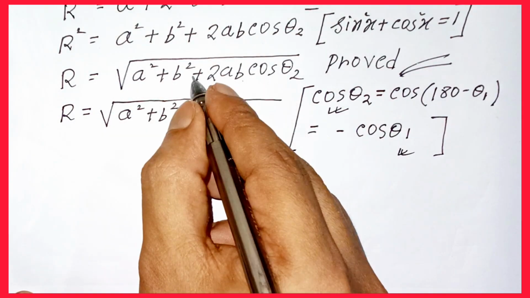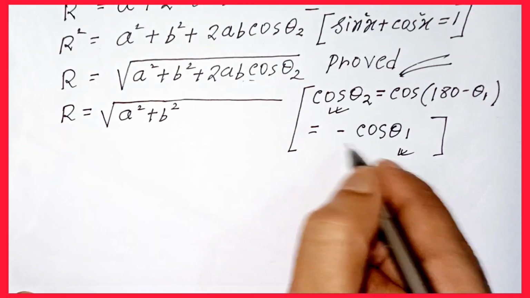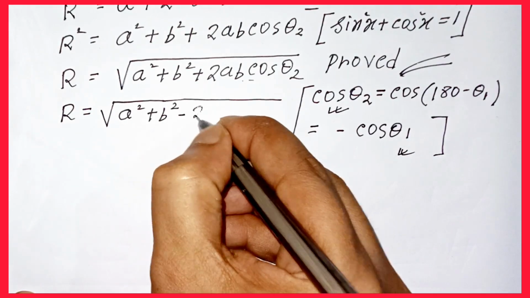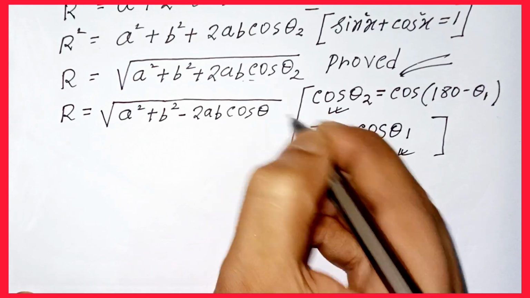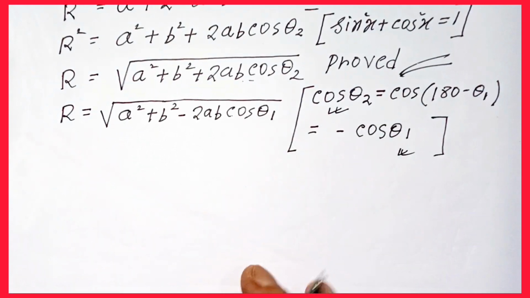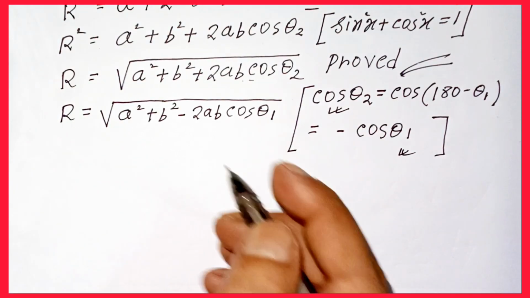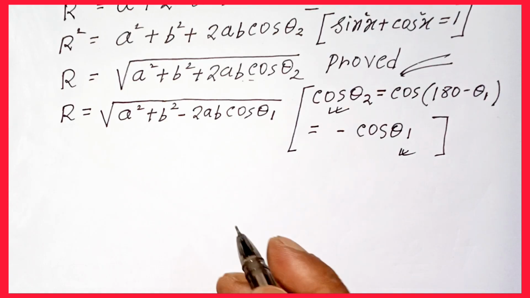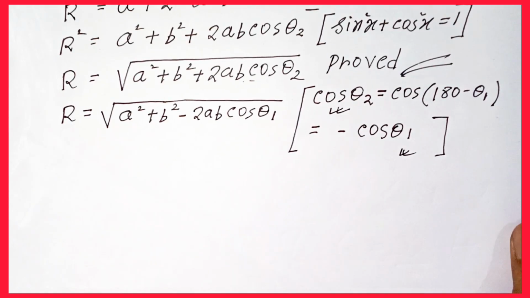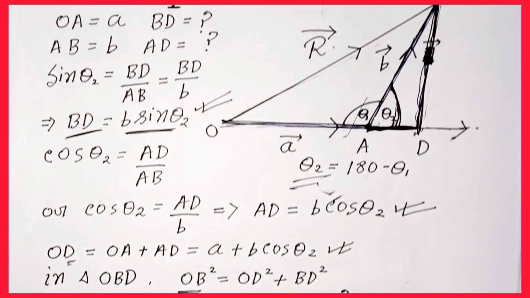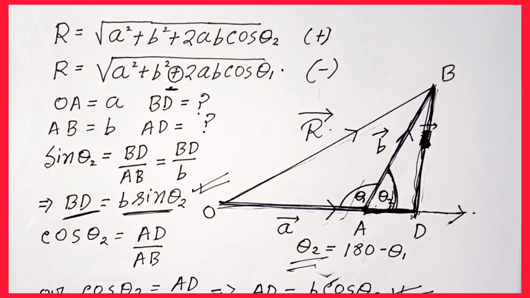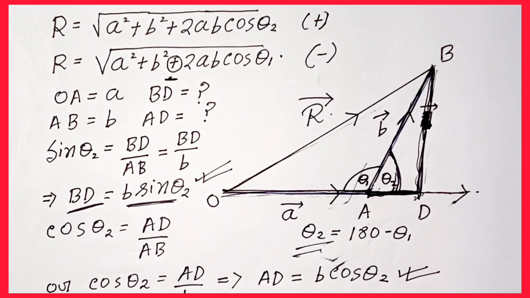So cos theta 2 equals minus cos theta 1. Instead you can replace. So if I replace, then the plus will become minus 2ab cos theta 1. Proved. Okay. Now the question says the angle is between head to head or tail to head, anything, so you can use both formulas.